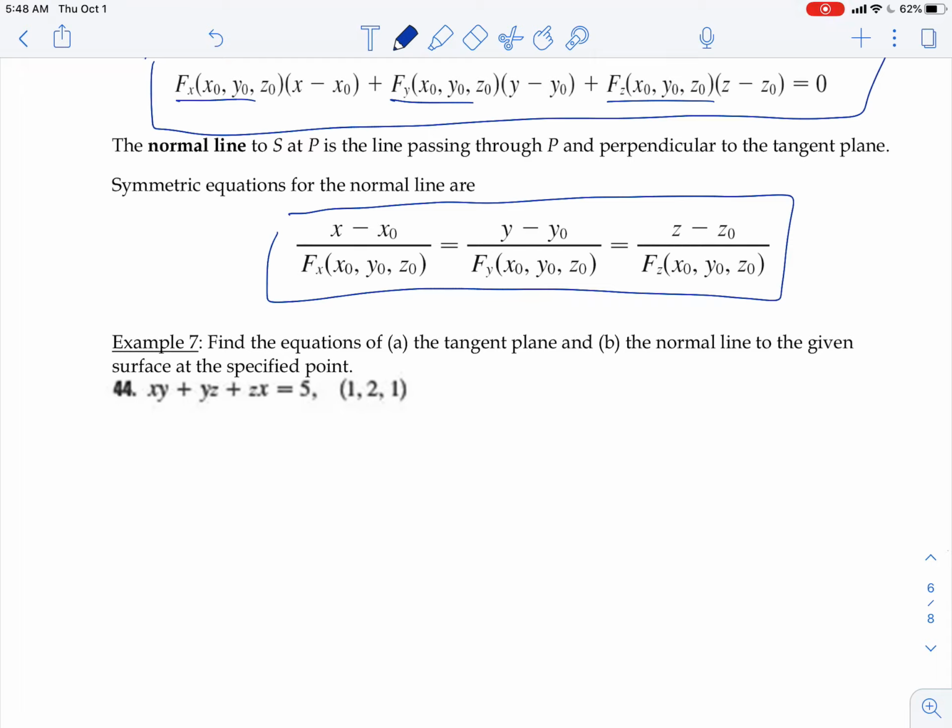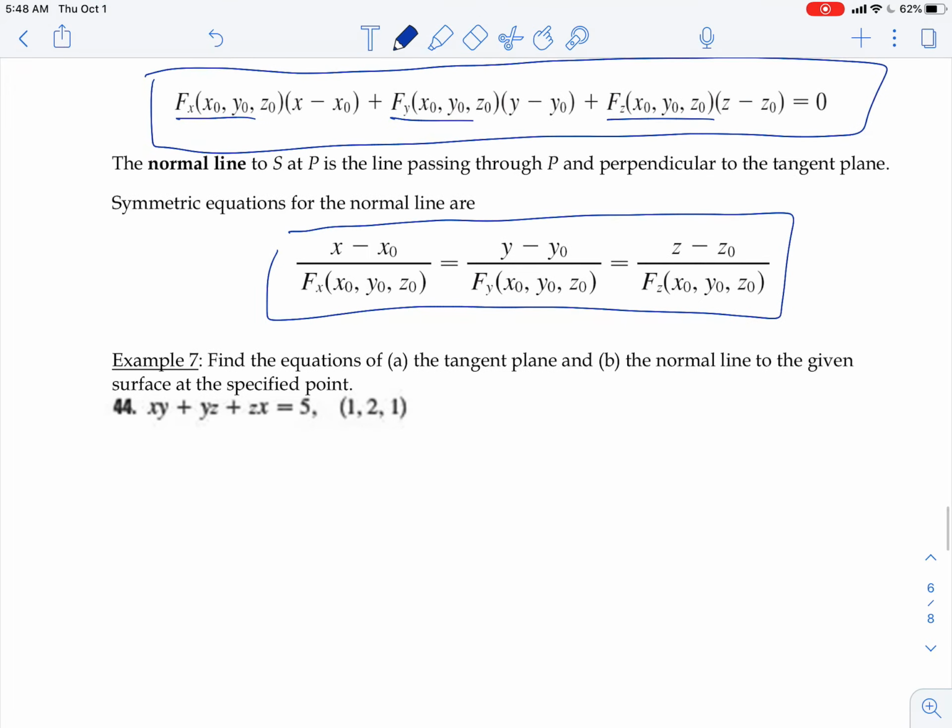So for example 7, find the equations of the tangent plane and the normal line to the given surface at the specified point. To find the tangent plane, the first thing I want to do is find the gradient of f.